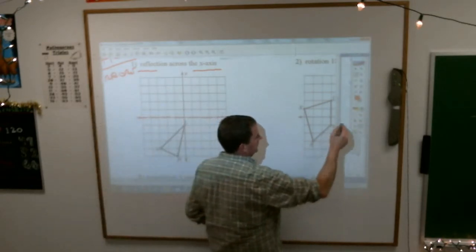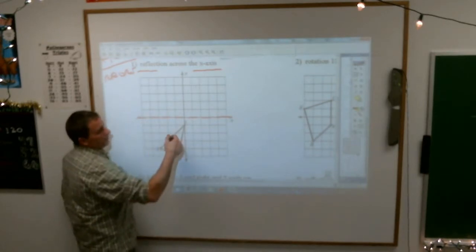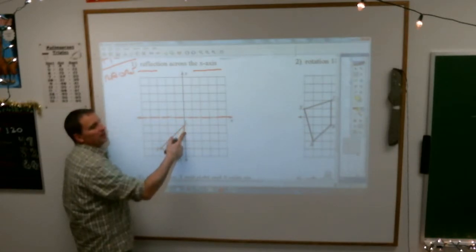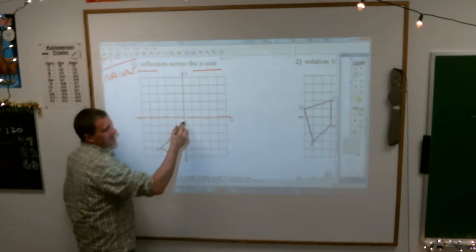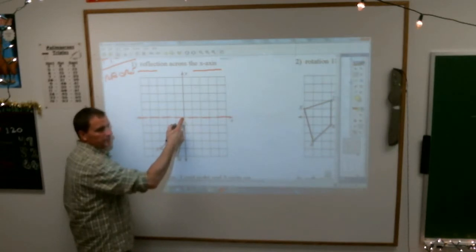Okay, so here's what you think about. Wherever a point falls below that line or on the opposite side, it's going to be the equal distance on the same place on the opposite side of the line. In other words, this point L is right here on this line, and it's 1 unit away from that axis of reflection.